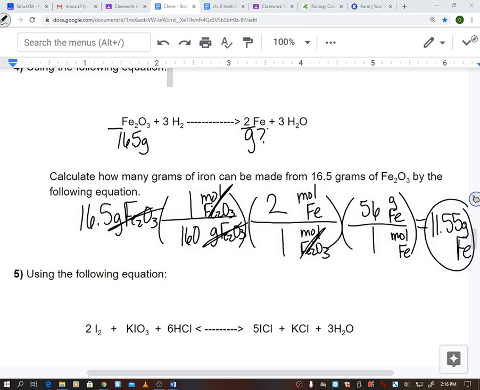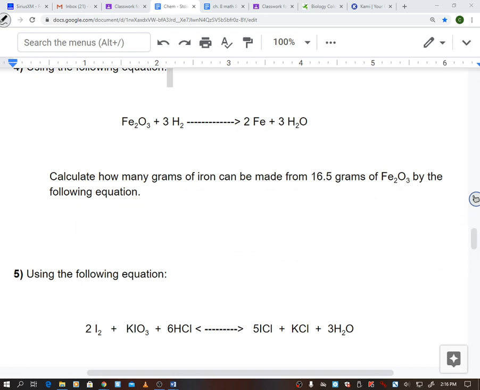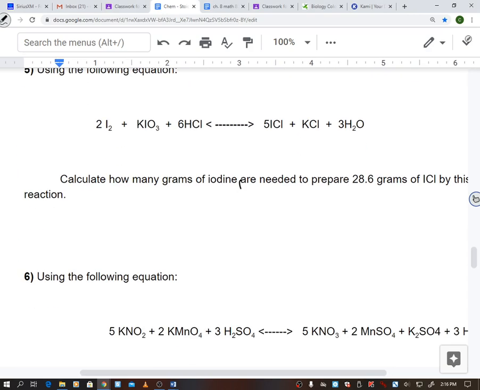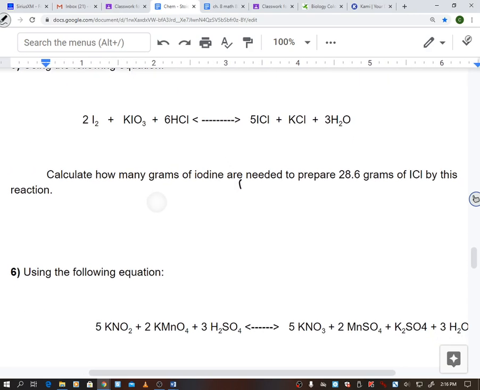All right, let's look at number 5. It is telling me that I have 28.6 grams of iodine chloride. It's kind of a weird one there. One we don't see too often. Anyways, I got 28.6 grams.